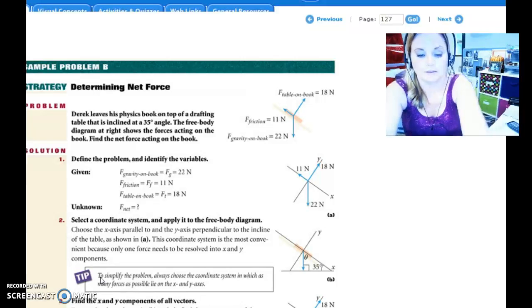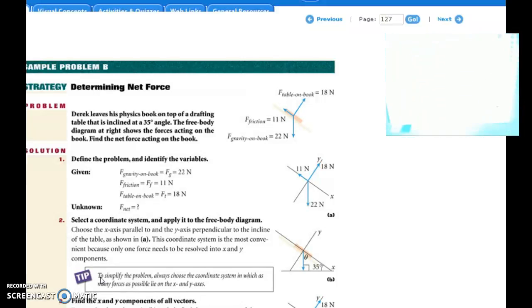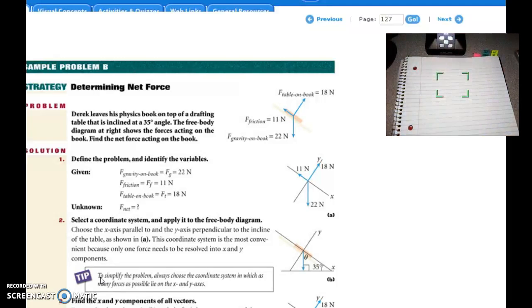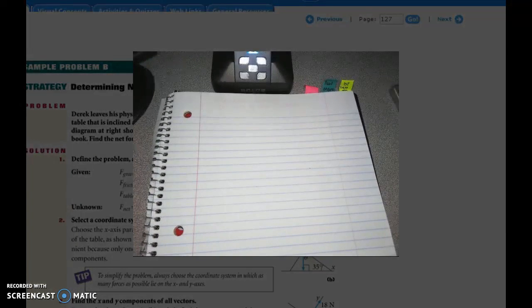And if there's time remaining, we'll work through some problems with Newton's first law as well.